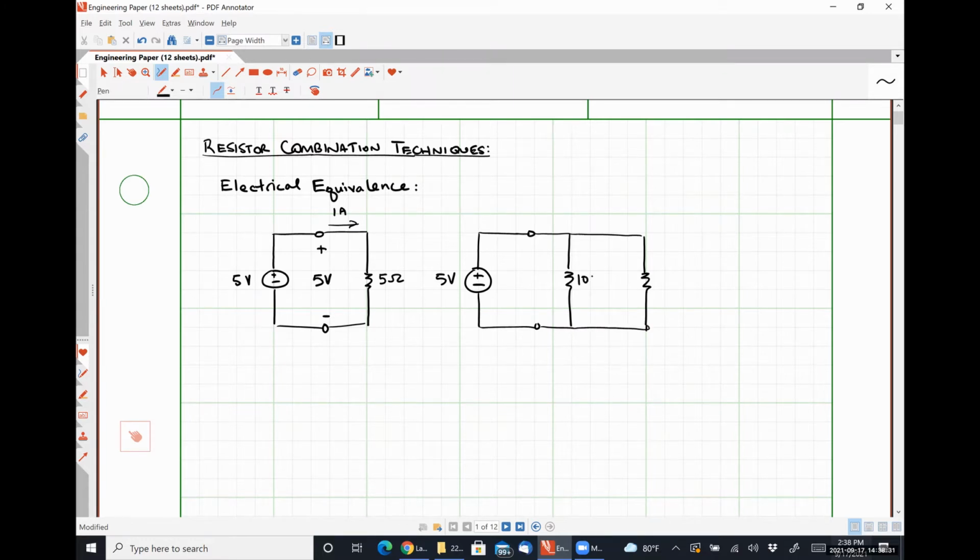So let's call this guy a 10 ohm resistor, and this is another 10 ohm resistor. What is the current flowing into my resistor network? Anybody have any thoughts?